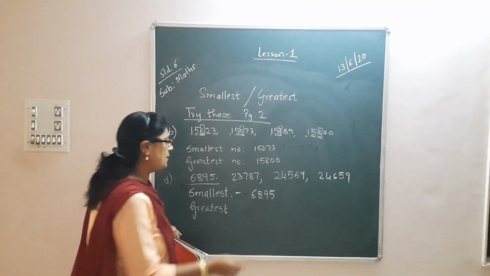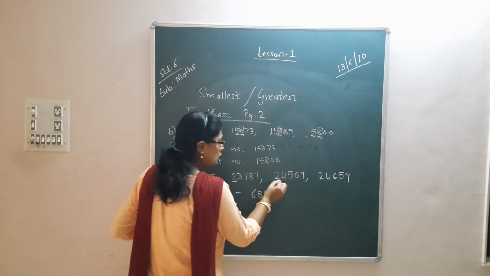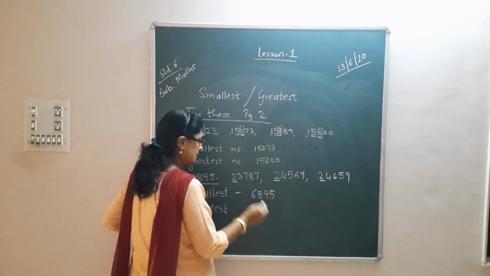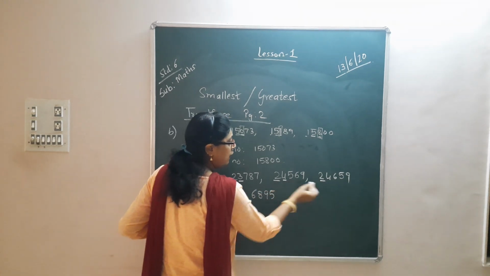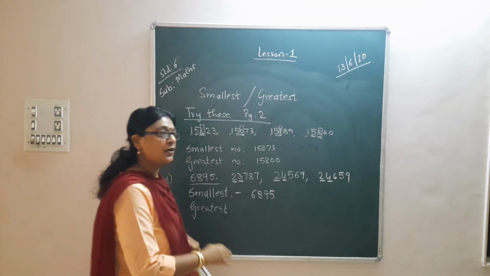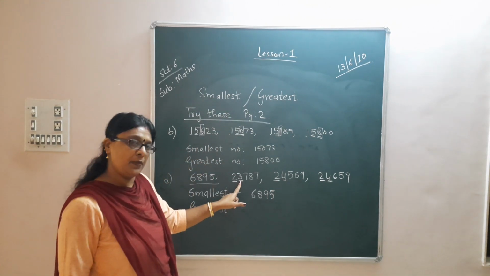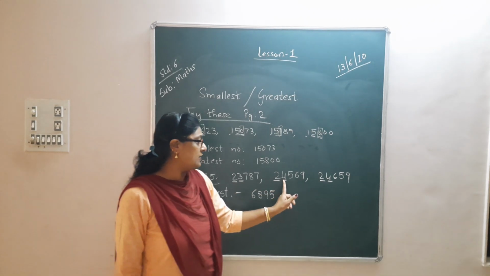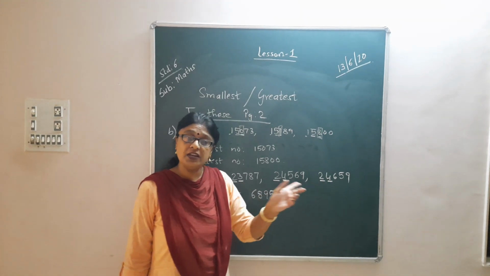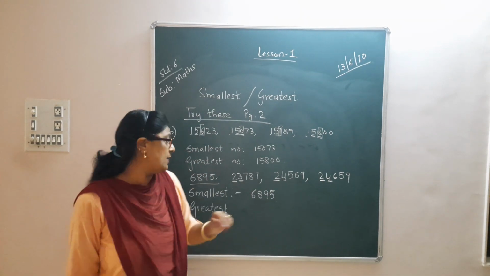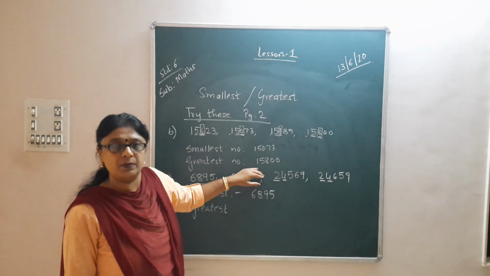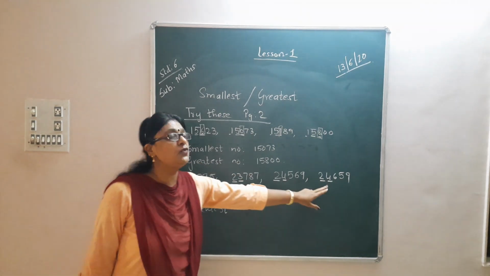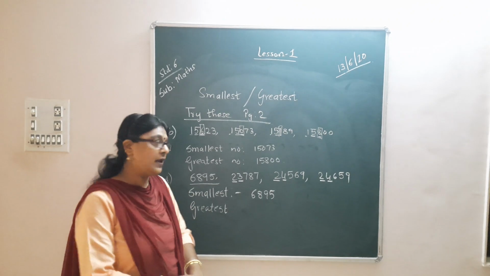Now to find out the greatest number, all 3 are 5 digited. So we start comparing the first digit. So 2, 2, 2, all are same. 3, 4, 4. Right? Now this is smaller number. And here both the digits are 4, but we need to find out the greatest number, so we need to forget this number. Right? Now from these two we have to decide which is the bigger number.